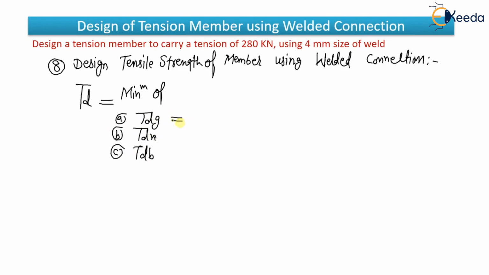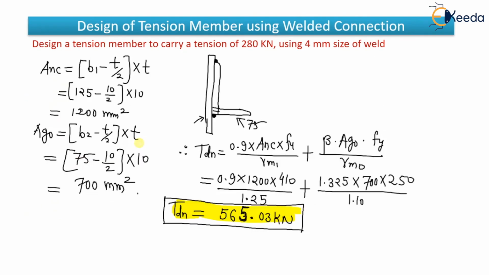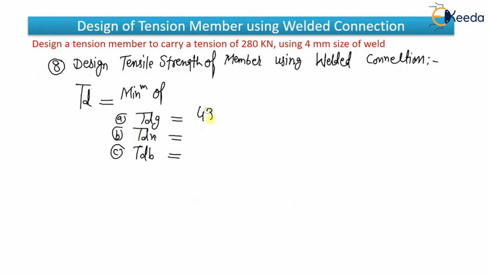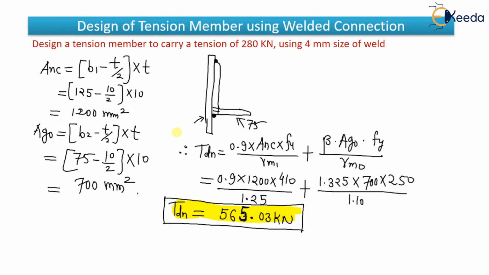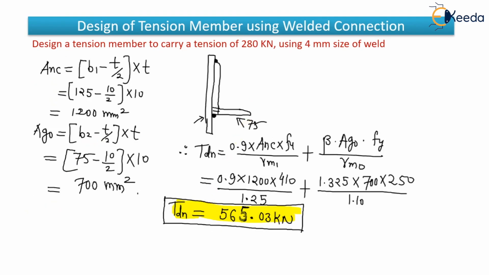Let's put the values. What is the value that we have calculated for TDG? TDG value was 432.27 kilonewton. Second one, TDN. We have calculated two values, 499.08 and 565.03.